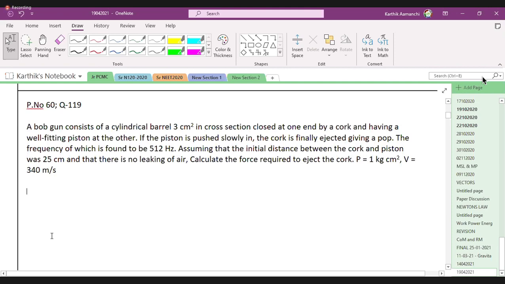So we can find the pressure by that. After that, I don't know. According to Boyle's law, PV is constant.